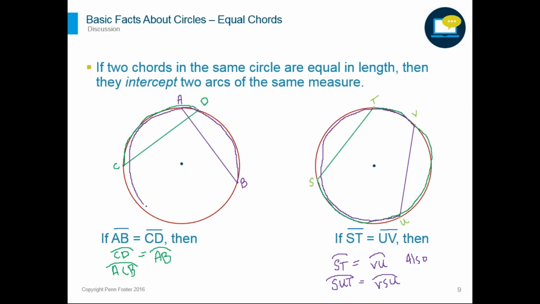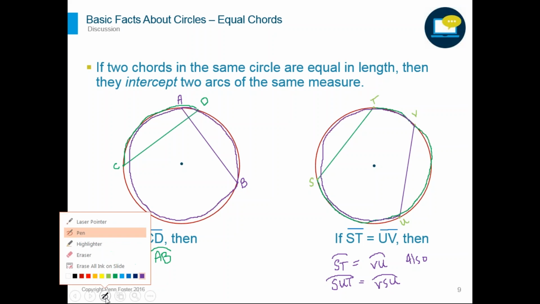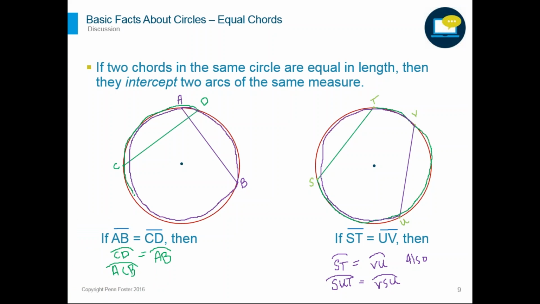The major arc cut by the purple chord, ACB, is equal in measure to the major arc cut by, or intercepted by, the other chord. So let's write this down before we get confused here. CBD. And that's it.